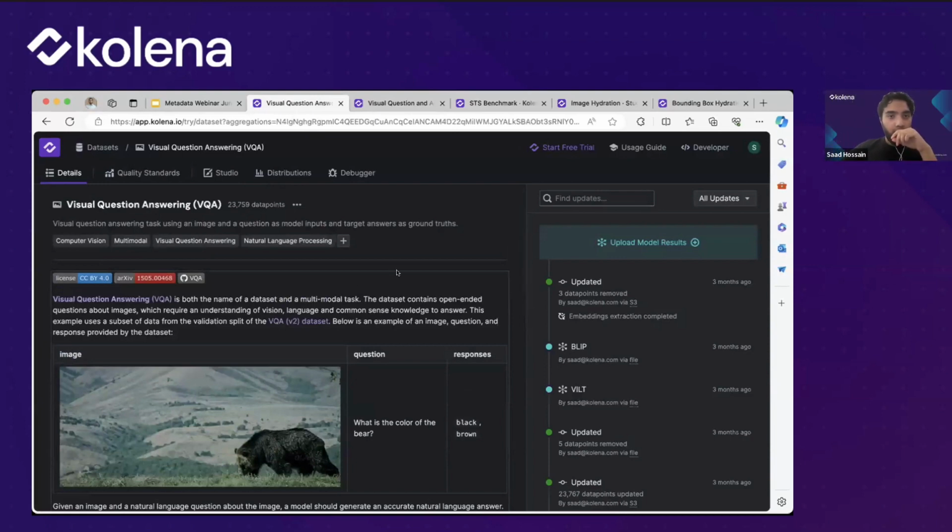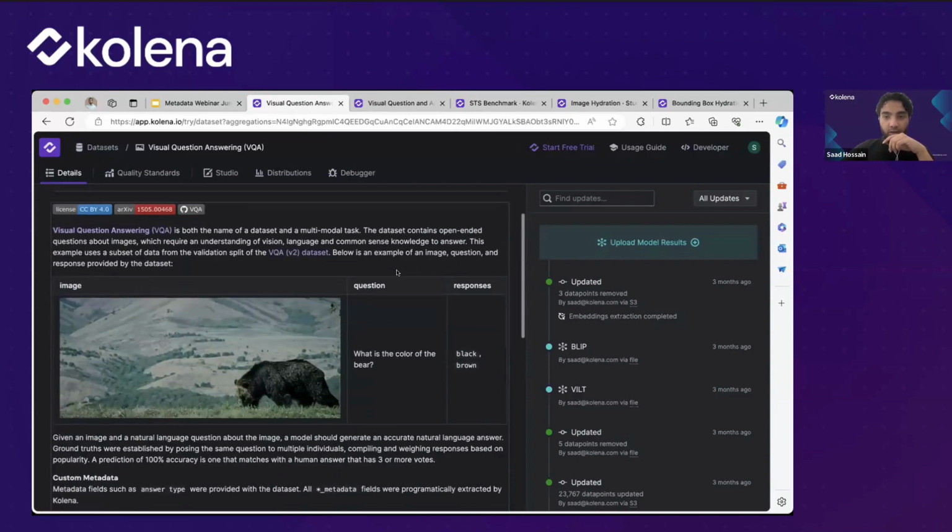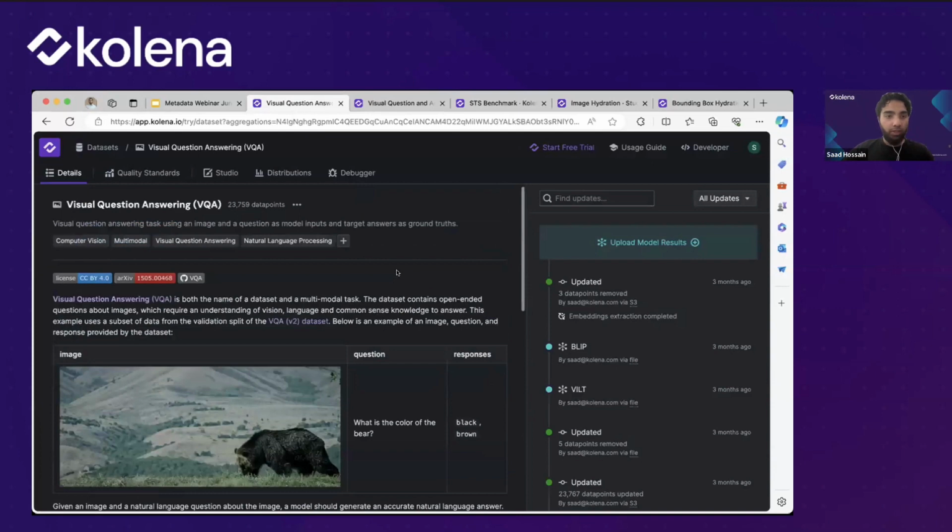Right over here in front of us, we are looking at the Kolena platform, which is, as Skip mentioned before, an AI testing platform that enables rigorous machine learning testing, facilitates fine-grained debugging of models, and accelerates deployment decisions.